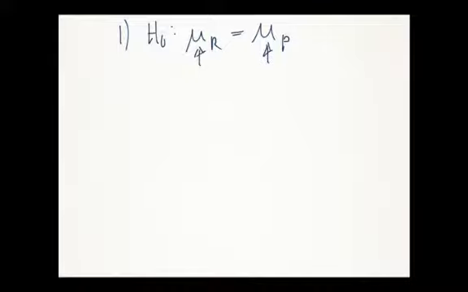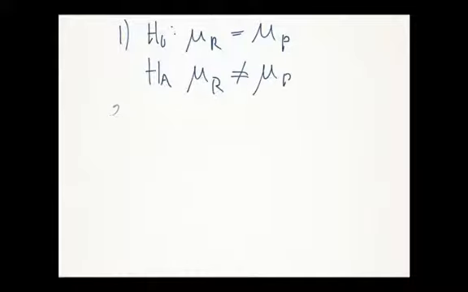We have the sample statistics, x bar for relapsing and x bar for progressive. We're not interested in whether those are different, because they're always going to be different because of sampling variability. We want our tests to involve the population parameters, which is why I wrote the null hypothesis using the Greek letters. The alternative hypothesis is that they're not equal.